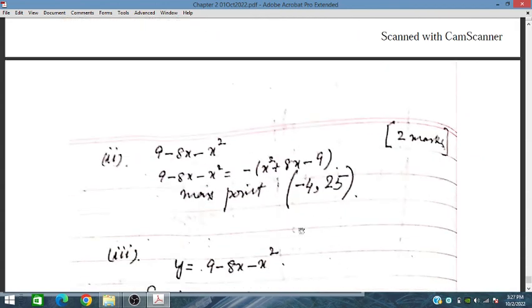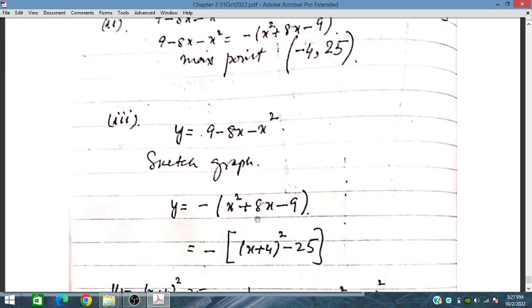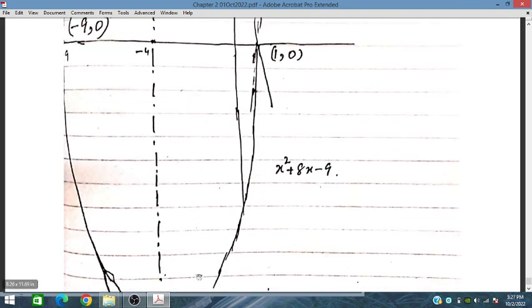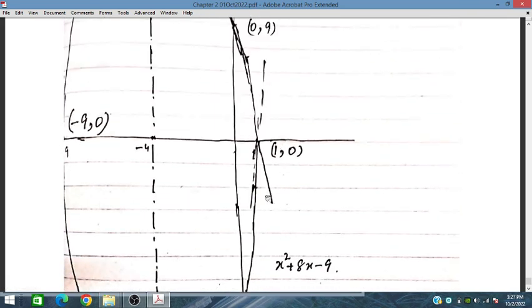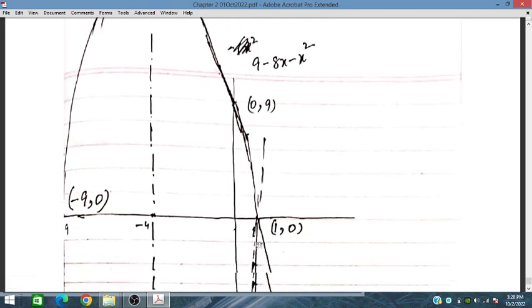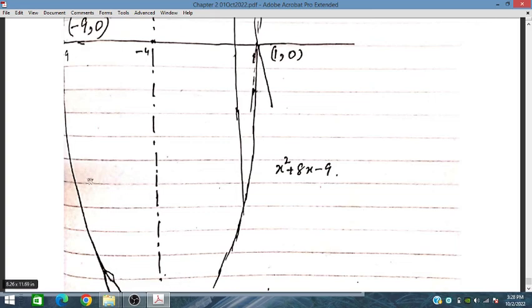So this is the maximum point. So from this, sketch the graph. We have this as the minimum value, and this as the maximum value. So we have plotted this maximum value and this minimum value.